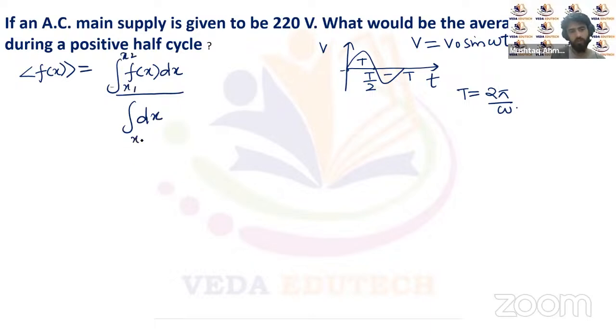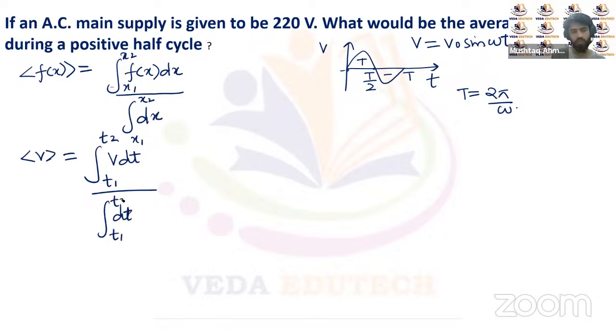Similarly, the average of the voltage, since voltage is a function of time, will be the integral of V dt with limits t1 to t2 upon the integral of dt with limits t1 to t2.